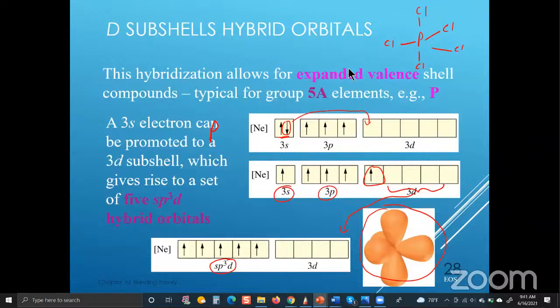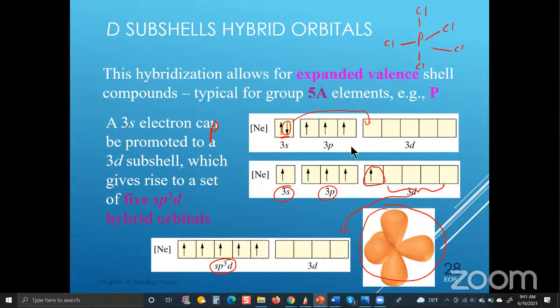And let me just say something here. If you remember, I said that when it comes to drawing the Lewis structures of molecules, there are some atoms that can expand their octet beyond 8 in order for bonds to be formed. And if you remember, I said that those atoms will be found in period 3 and beyond.